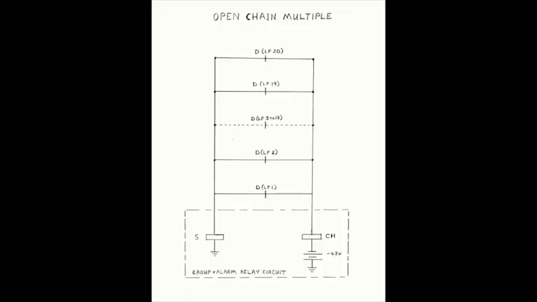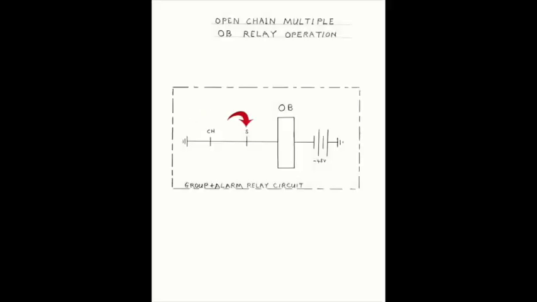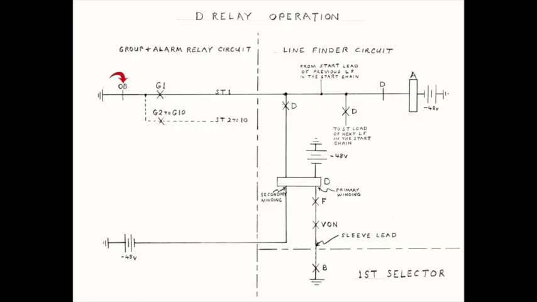The released D relays close the open chain multiple, reoperating the S and CH relays. CH and S operated release the OB relay. The released OB relay permits ground to be applied to all start leads of operated G relays, allowing waiting dial tone requests to be served.